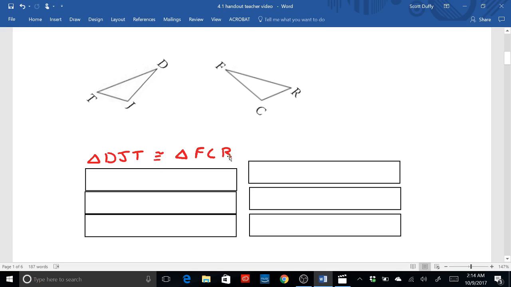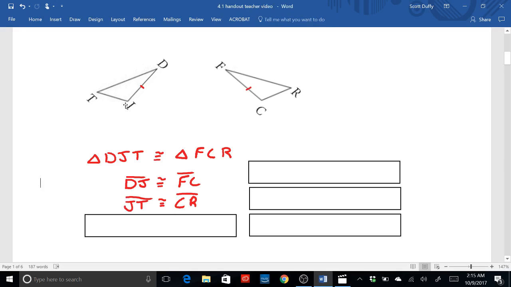Then I have to know that I have 3 congruent sides and 3 congruent angle pairs. What I know is that DJ is equal to FC, so I'm going to make those congruent by putting just a hash mark in there.